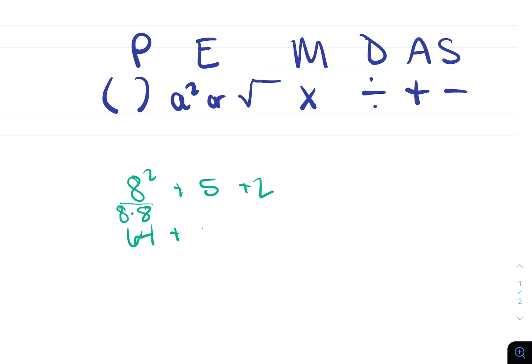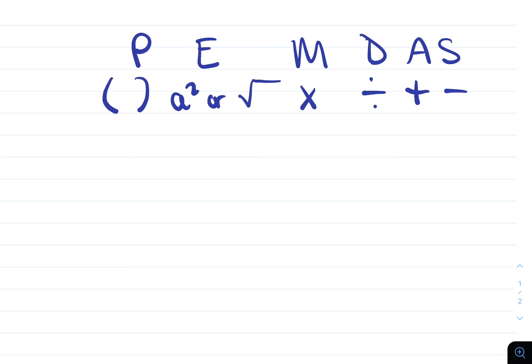We're also going to bring down our 5 and our 2. Now looking at our operations, the only thing that I see here is addition. So now we can just work left to right. So we have 64 plus 5 for 69 plus 2 is 71. I'm going to go ahead and just erase this so we can keep looking at our acronym.